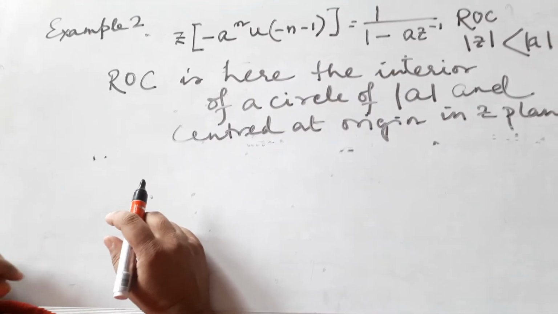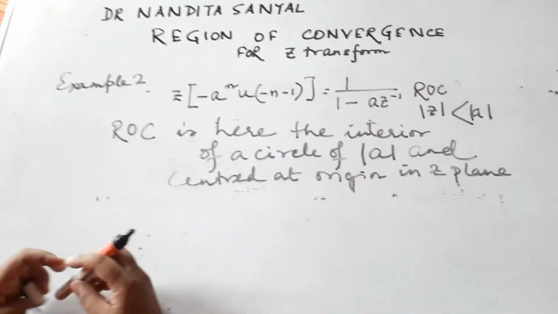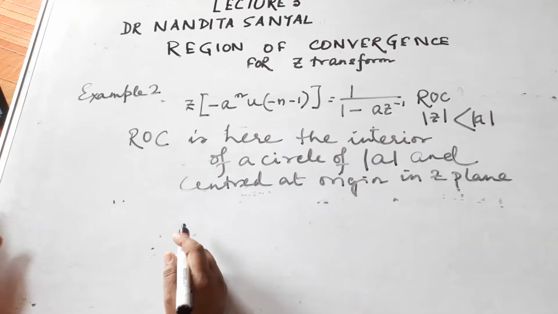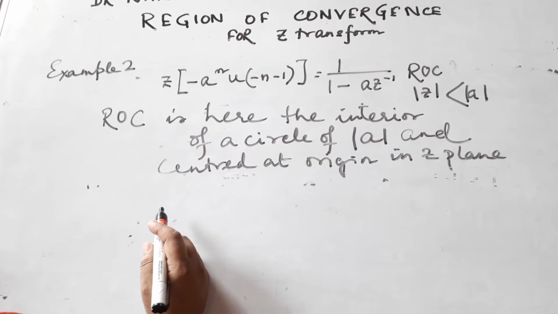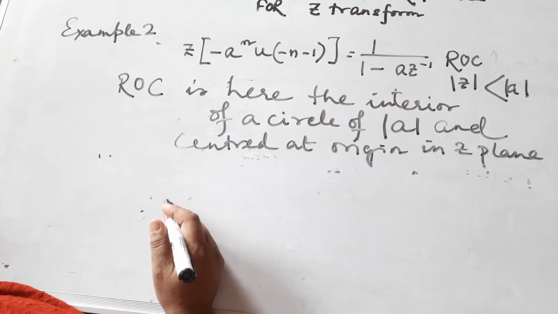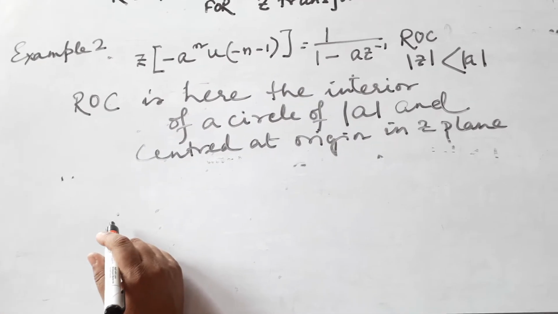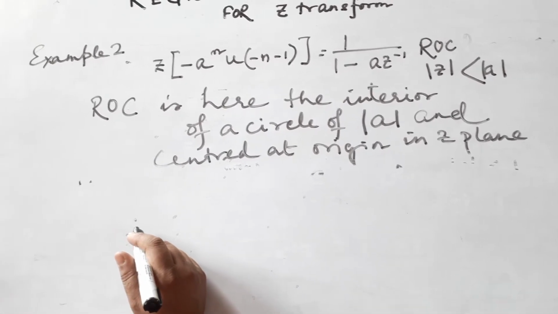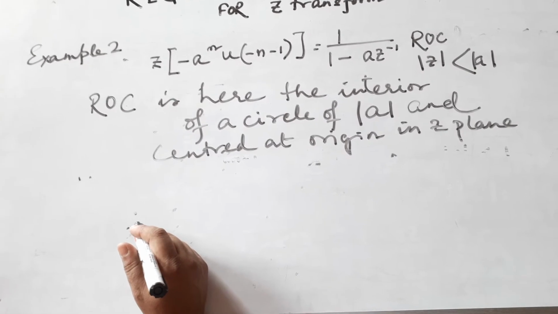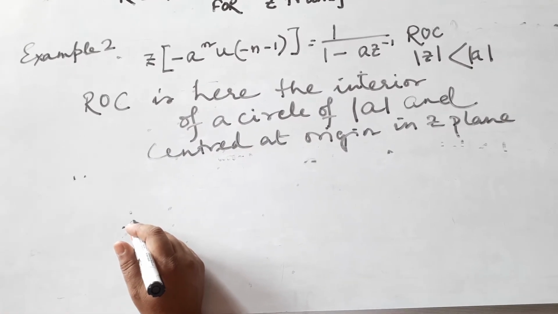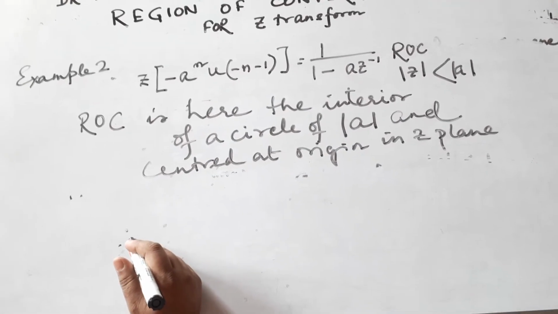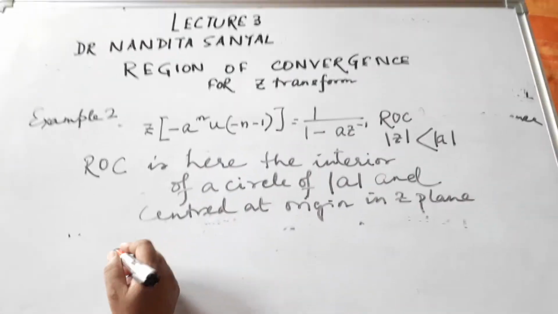ROC of the Z transform of a causal signal is the exterior of a circle centered at origin, and that of an anti-causal sequence is the interior of the circle centered at the origin. Thus, a uniformly sampled signal x(n) is uniquely determined by its Z transform X(z) and the ROC of X(z).